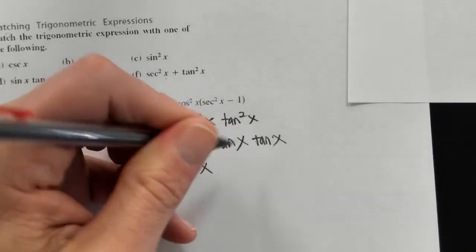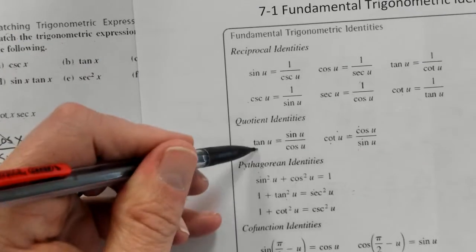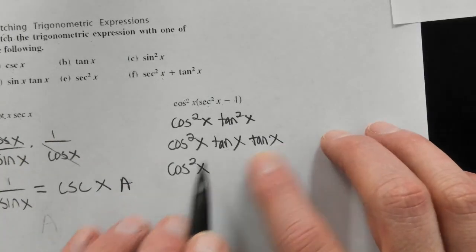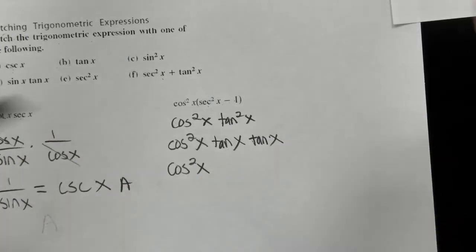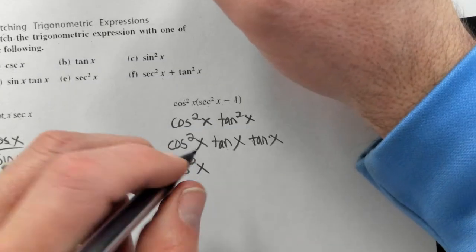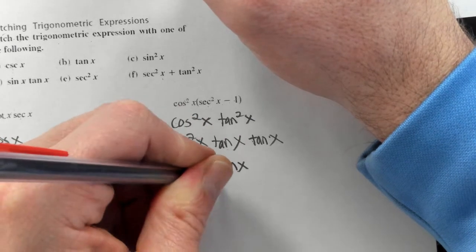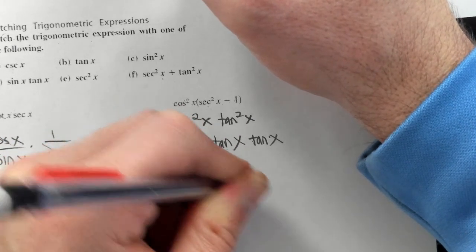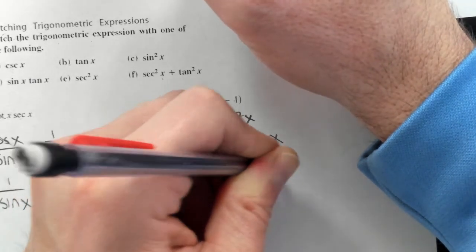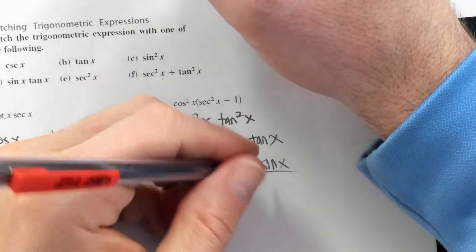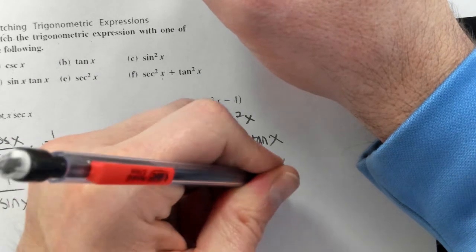Now, what can tangent be changed to? Well, tangent can be changed to sine over cosine. And that's going to help us out since we've got two of them with making this cancel. So now you can kind of see why we left this the way it was. So now tangent is going to change to sine of x over cosine of x times sine of x over cosine of x.